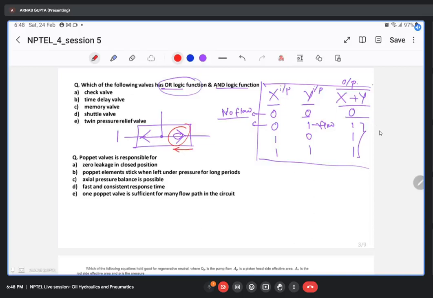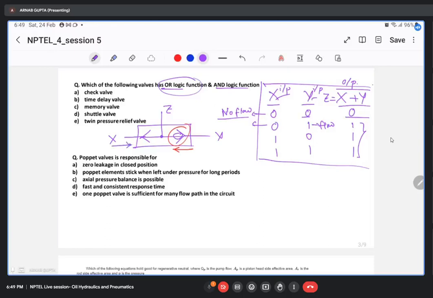So you have two such NRVs with a common ball. Let me name these X and Y, because I have used X and Y here, and say this is your Z, that is the output.